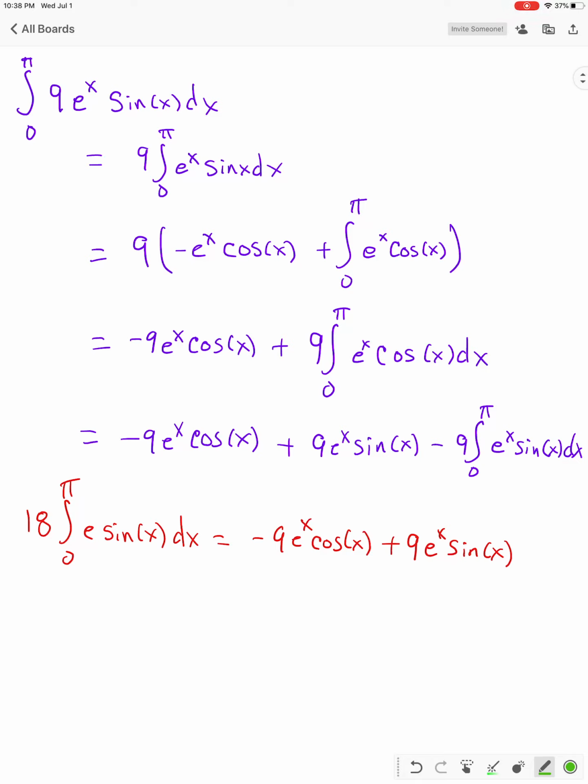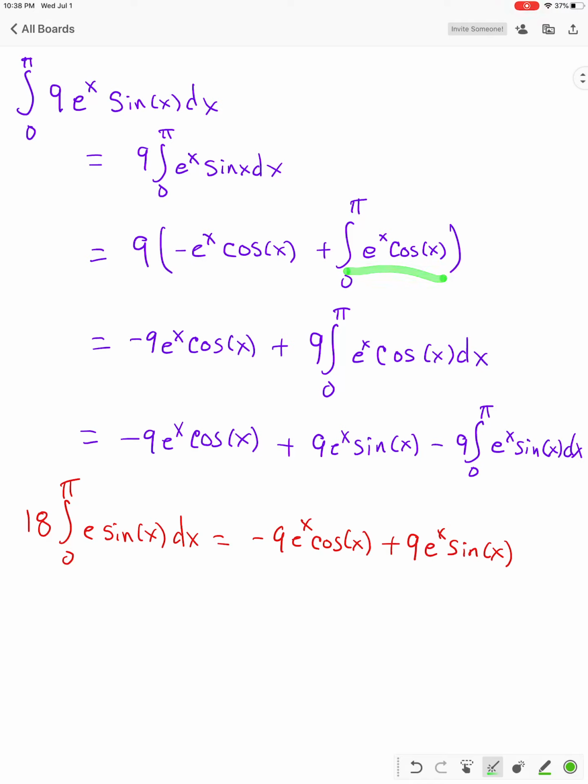So what I've written in purple here is where I think we've done a good job. You started out with this integral. You took the 9 and put it outside, which is great. Then you used integration by parts to figure out this negative e to the x times the cosine of x, and then plus this integral.